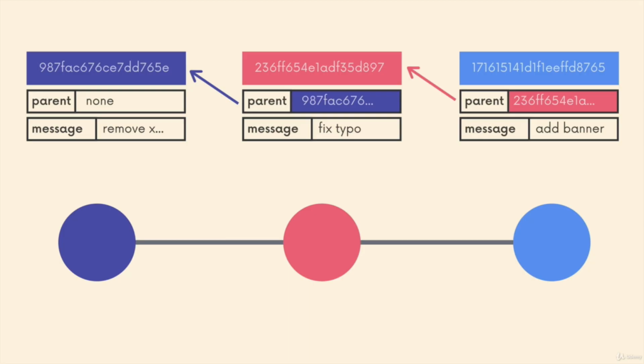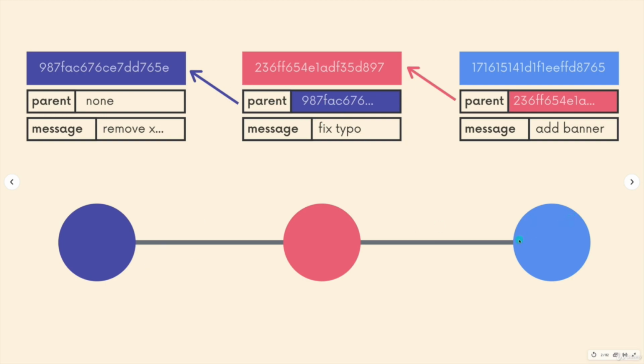I will have a video in sort of an appendix at the end of the course or towards the end that goes into some more details about how the hashing actually works, what is hashed together, what hashing algorithm is used. It's called SHA-1. Anyway, all that we need to know is that every commit has this unique hash, this unique identifier that corresponds to the commit, and each commit references at least one parent commit that came before it.